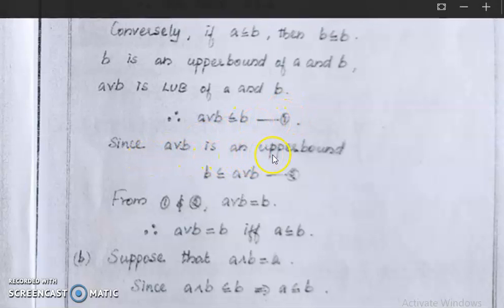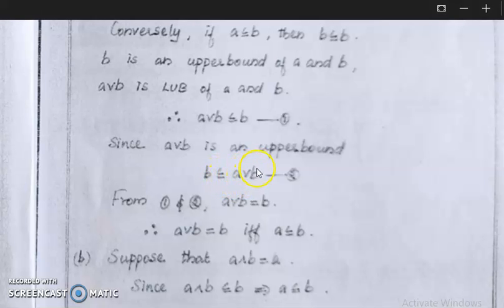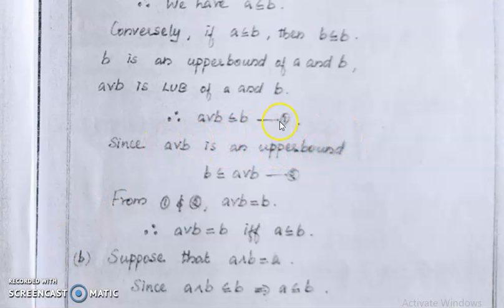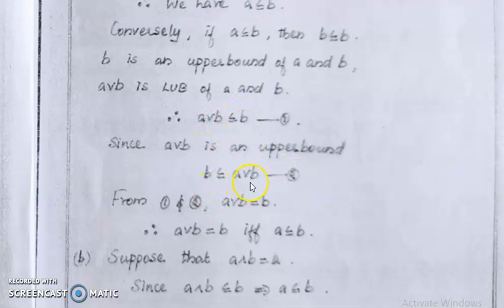Since a ∨ b is an upper bound, b will always be less than or equal to a ∨ b. This is from the meaning of a ∨ b. This is equation 2. Now from equations 1 and 2, a ∨ b ≤ b and b ≤ a ∨ b.